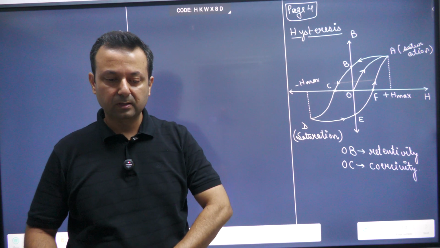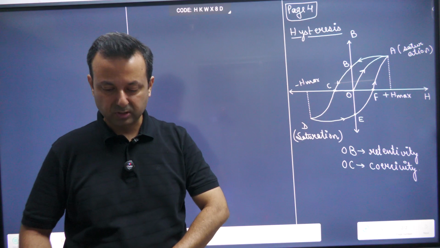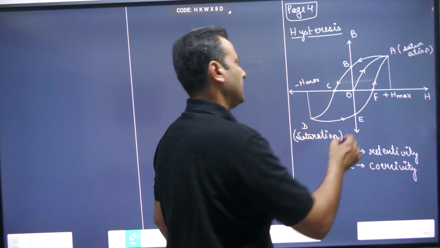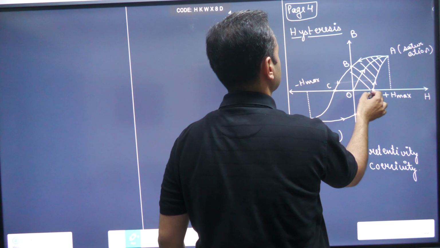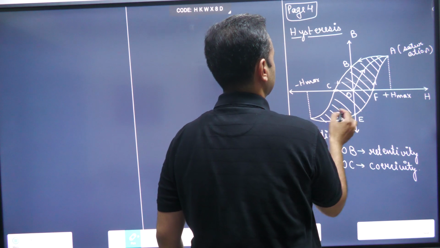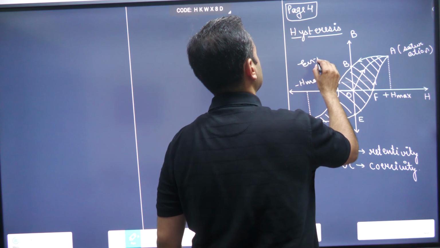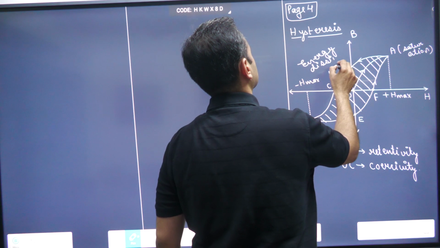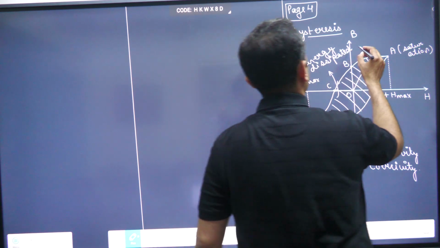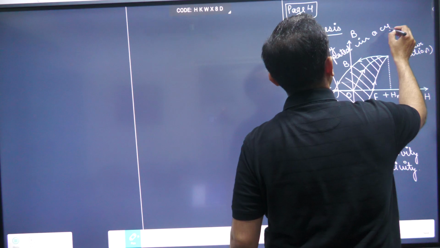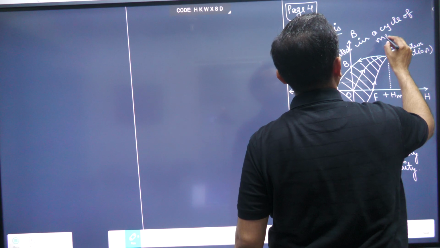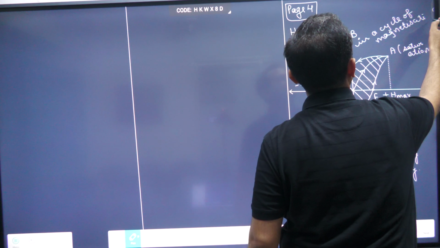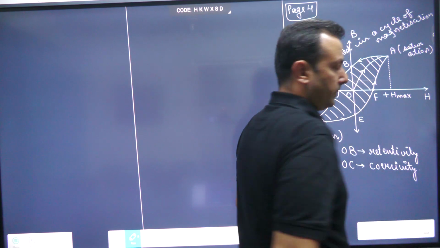When a material goes through a cycle of magnetization, the area gives the energy dissipated in that cycle of magnetization. Is that clear to you?